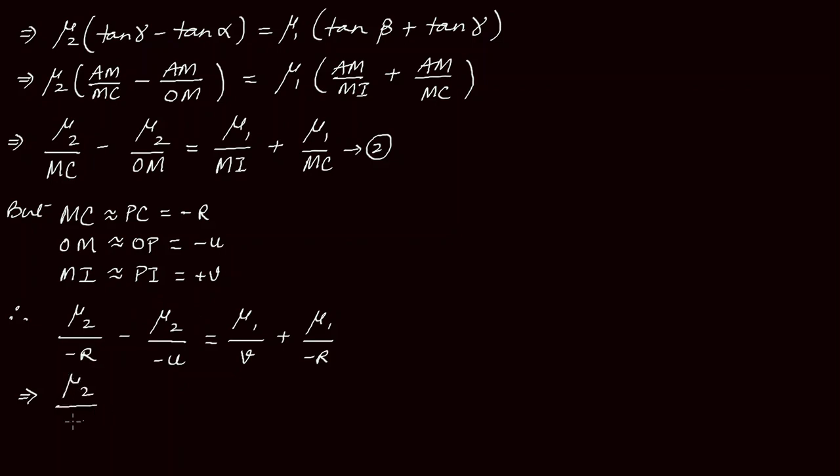This is mu2 by minus R plus mu2 by U is equal to mu1 by V minus mu1 by R.